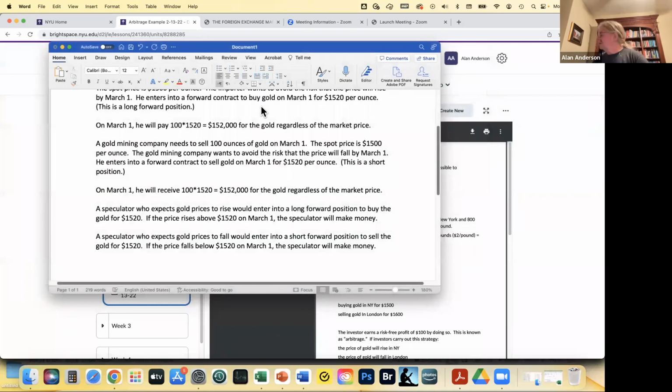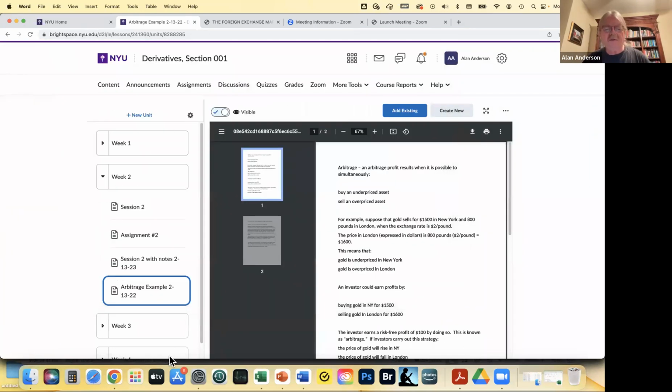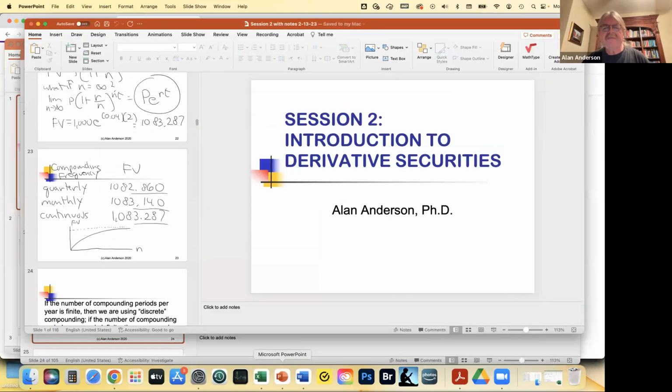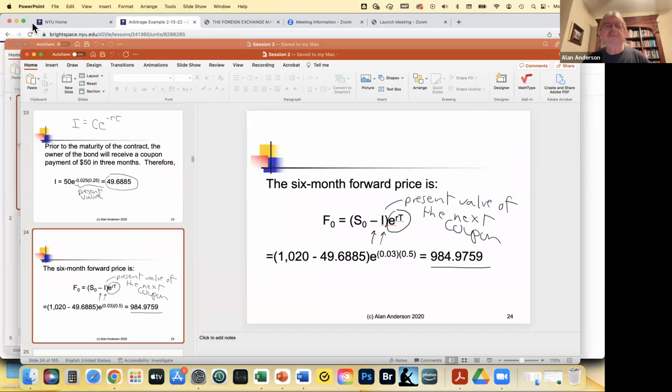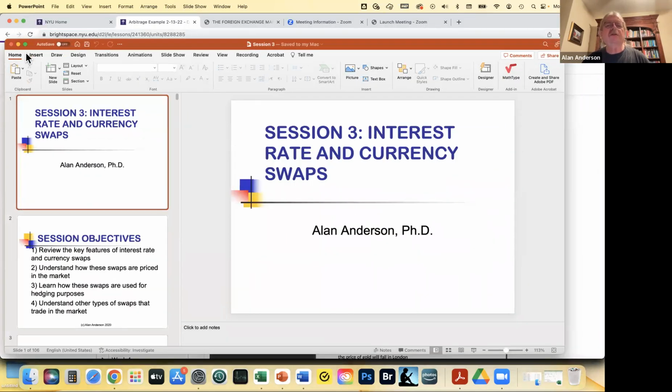That's how we know when this was done. All right, so we'll put this away and get started with swaps. We've already discussed swaps to a certain degree. Session 3, here we go.